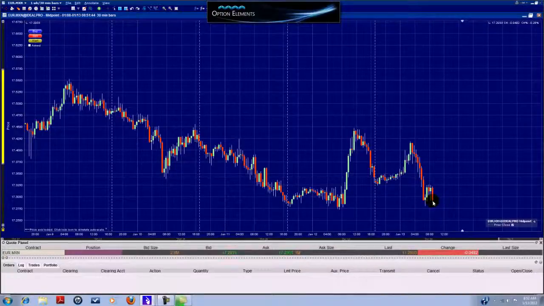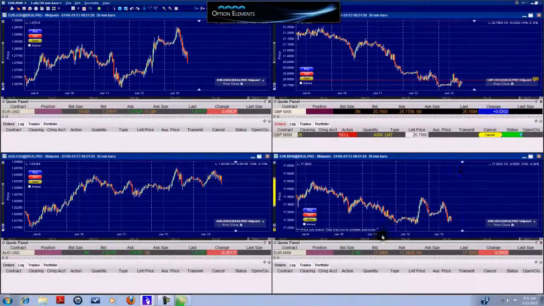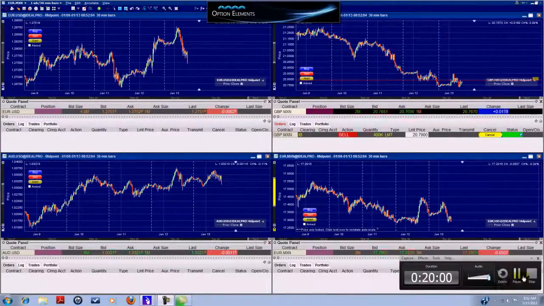Maybe we might be able to get a trade off in the Euro Mexican here. Euro Mex, I'm not sure. We've got this support level here of the last 2 days, but not sure. I'm going to pause and I'll be back with you guys when I have some trade ideas.